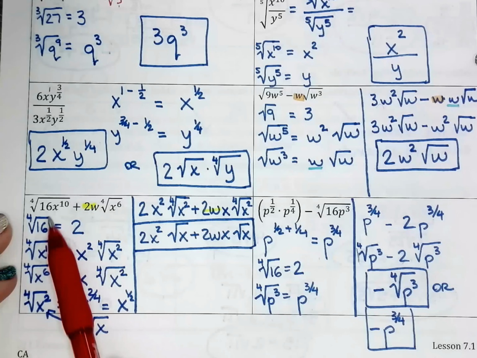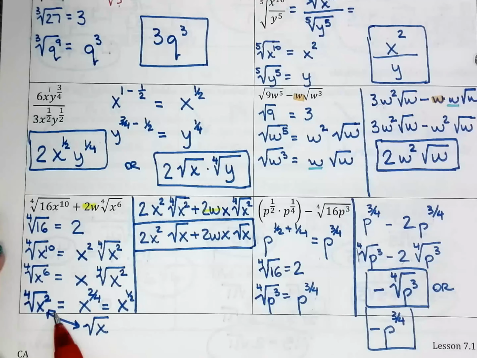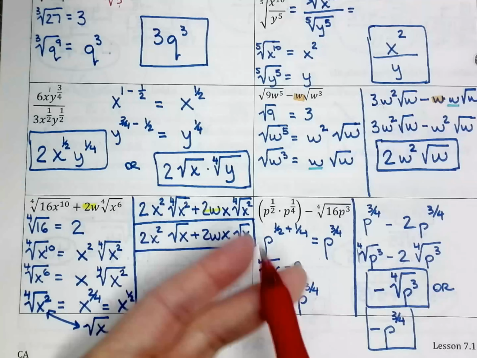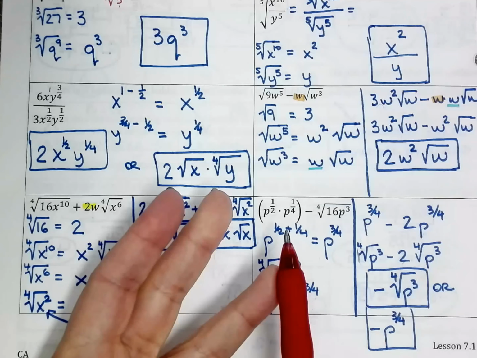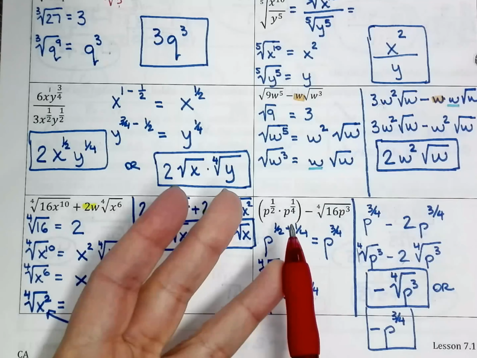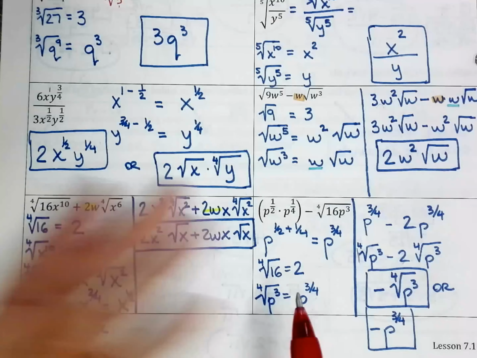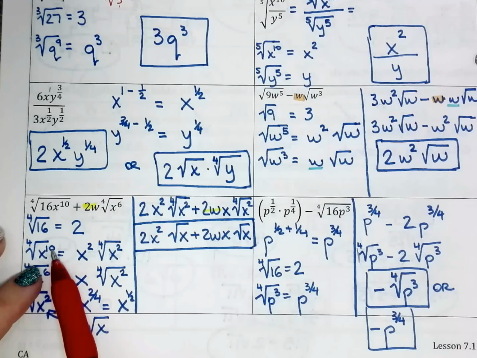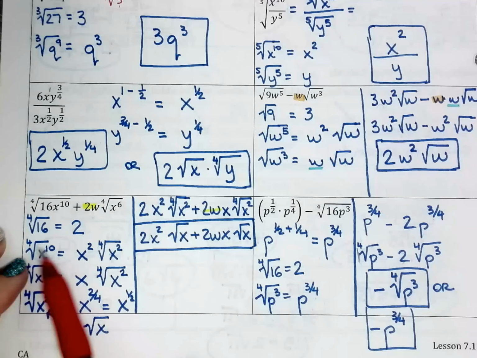Again, let's break it up into a whole bunch of parts. The 4th root of 16 is 2, because 2 times 2 is 4, times 2 is 8, times 2 is 16. So 2 to the 4th power is 16, therefore the 4th root of 16 is 2. Here I divided 10 by 4, but I didn't get a whole number.